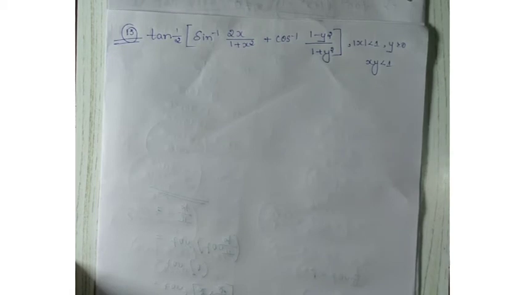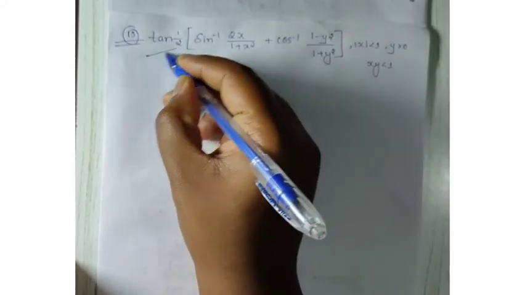1 by 2 of sin inverse 2x by 1 plus x square plus cos inverse 1 minus y square by 1 plus x square, where mod x is less than 1 and y is greater than 0 and xy is less than 1. So here first thing is to notice this term.